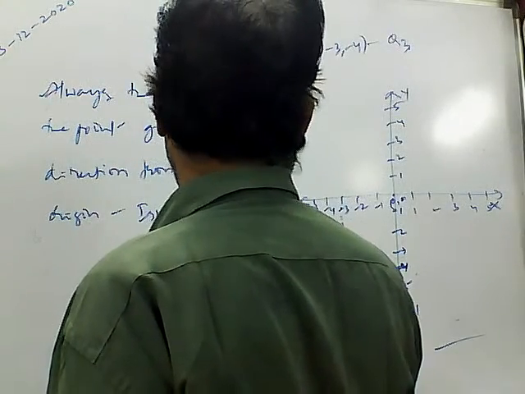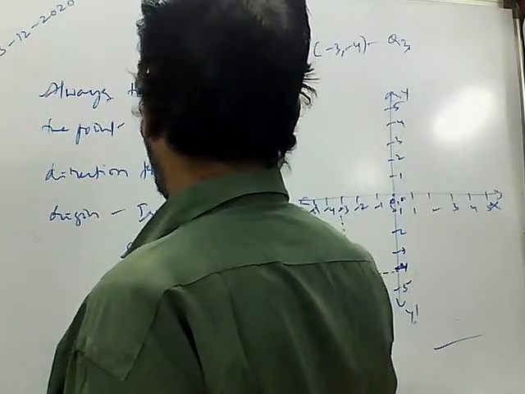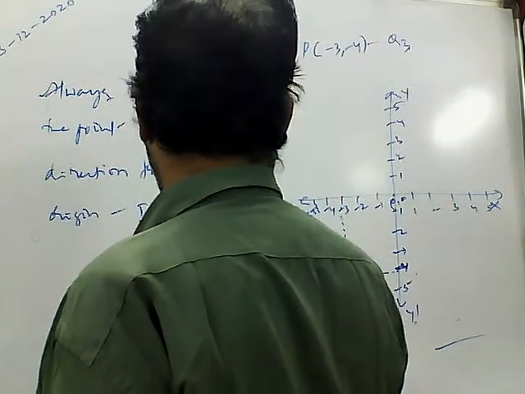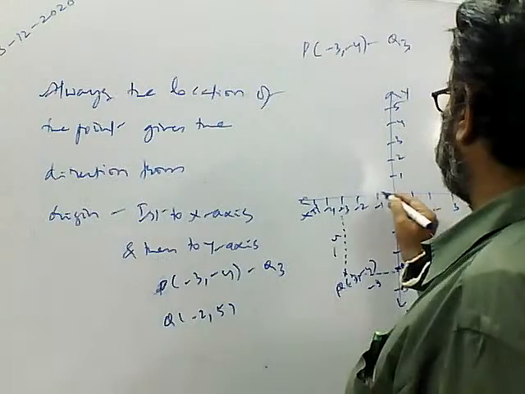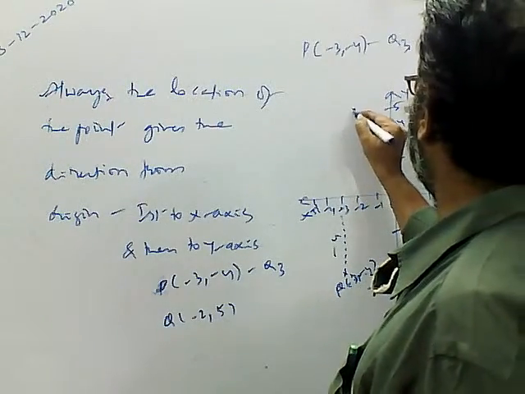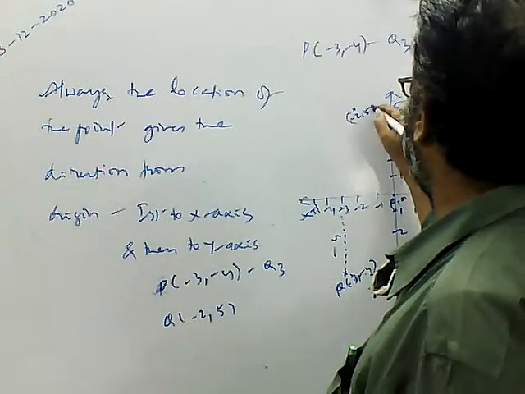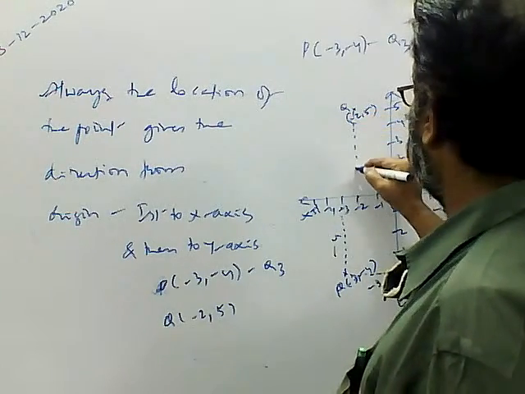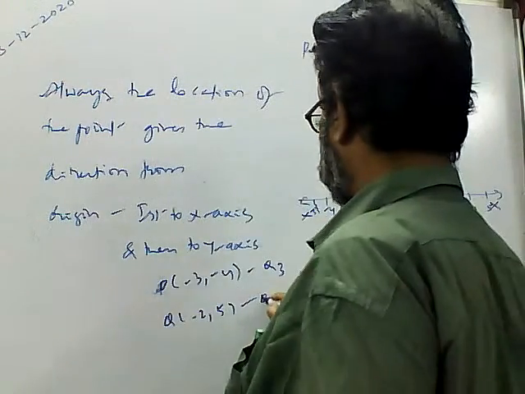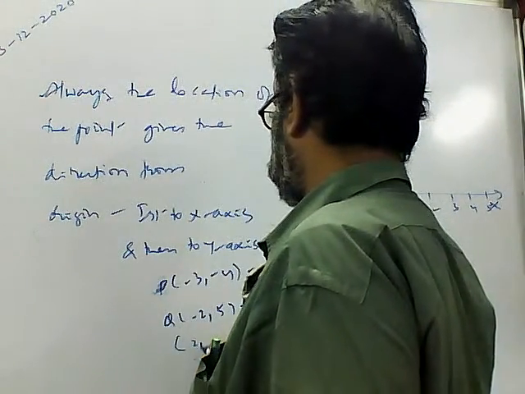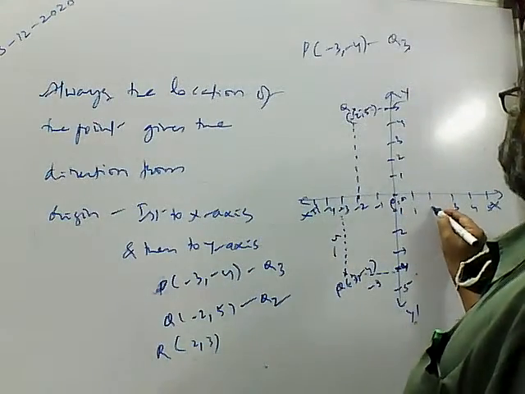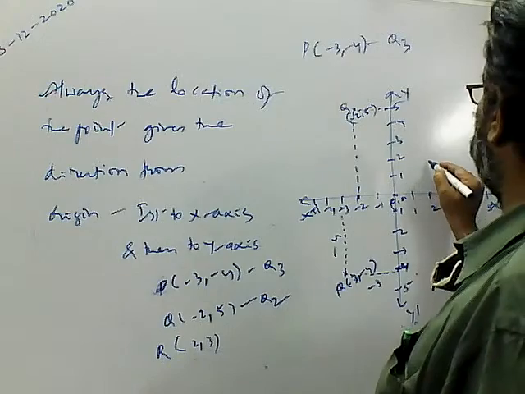So P, minus 3 comma minus 4, we have located. It lies in Q3. Then again you can go for Q, minus 2 comma 5. From 0 to minus 2, come here. 5 is upward, so go up here. This is minus 2, 5. This is Q, in Q2. Then 2 comma 3, this is R. X comes to 2, then you go 3 up.